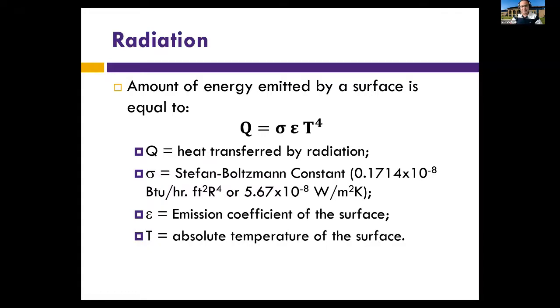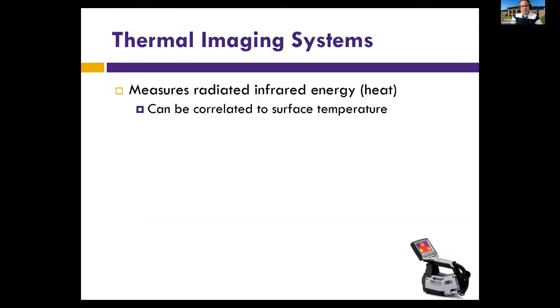And this amount of energy that is emitted by the surface can be calculated from the equation shown here, which is a function of the Stefan-Boltzmann constant, the emission coefficient of the surface, which needs to be relatively high, and the temperature of the surface. So if you keep the emission coefficient constant, then the amount of energy that is emitted from the surface is a function of the temperature of the surface.